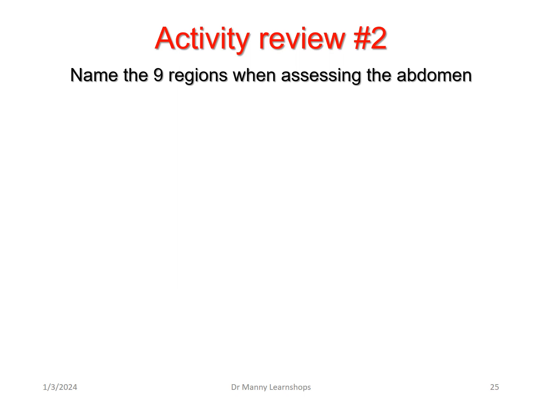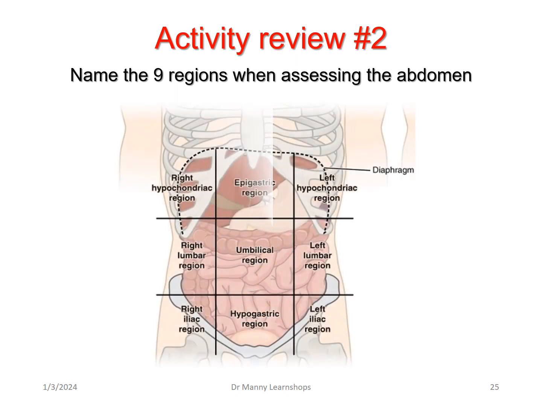The 9 regions are the right hypochondriac region, the left hypochondriac region, the epigastric region, the umbilical region, the right lumbar and the left lumbar region, the right iliac region, the left iliac region, and the hypogastric region. The 9 regions.